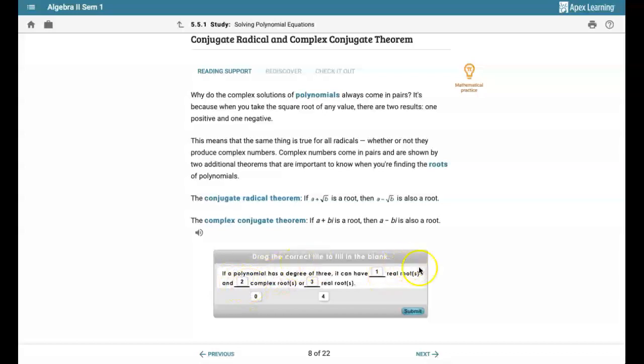If I had 2 real roots, since I can only have up to 3, that would mean I have 1 complex root, which is not plausible. So what this is saying is I can either have 1 real root and 2 complex roots, which gives me my combination of 3, or I have 3 real roots. That's what this theorem is saying.